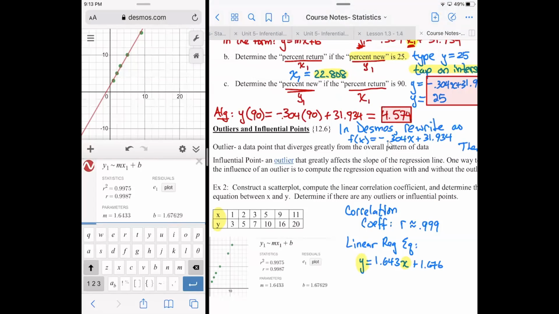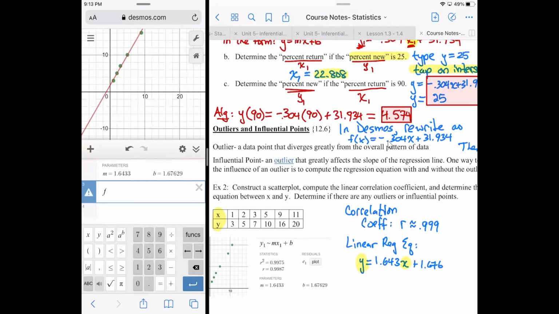Now, what I can do here, and this is beyond the scope of the question, but I know it was a point of concern from the last question. If I needed to use this information to make a prediction, what I would then have to do is retype my function in as f of x.